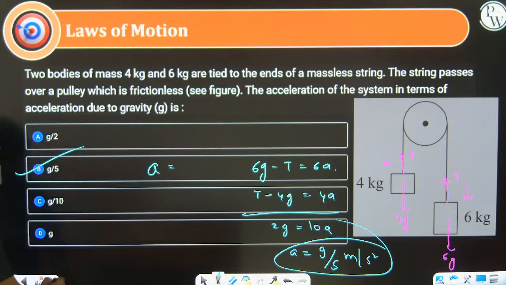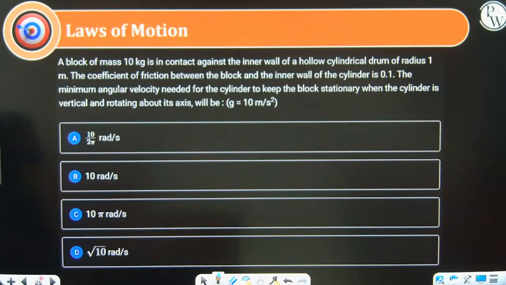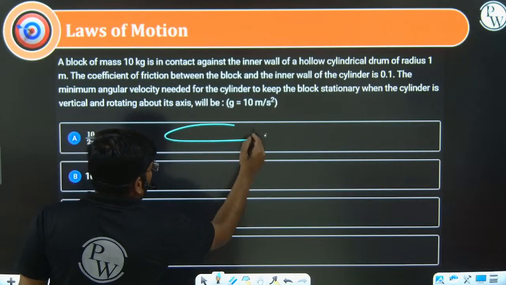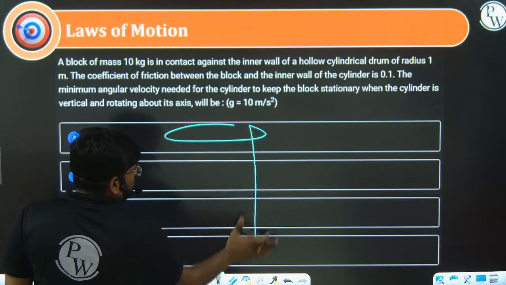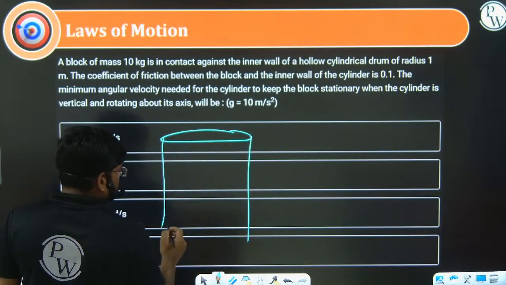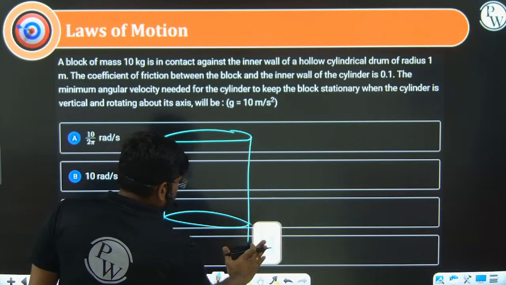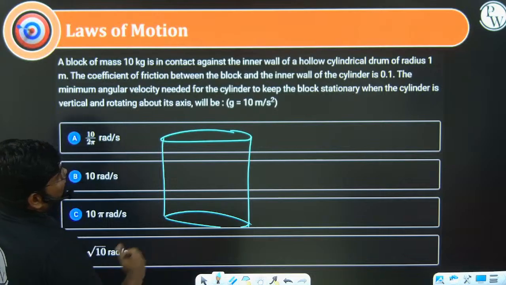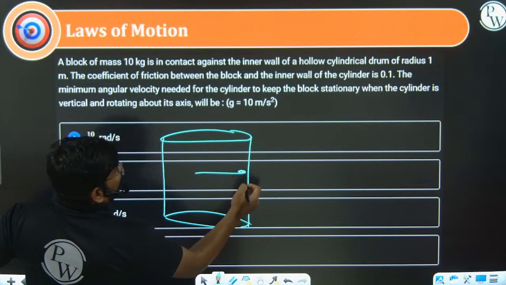Okay, this is it. Laws of motion. We are almost coming to the end. Here a block of mass 10 kg is in contact with the inner wall of a hollow cylindrical drum. The radius and coefficient of friction are given.